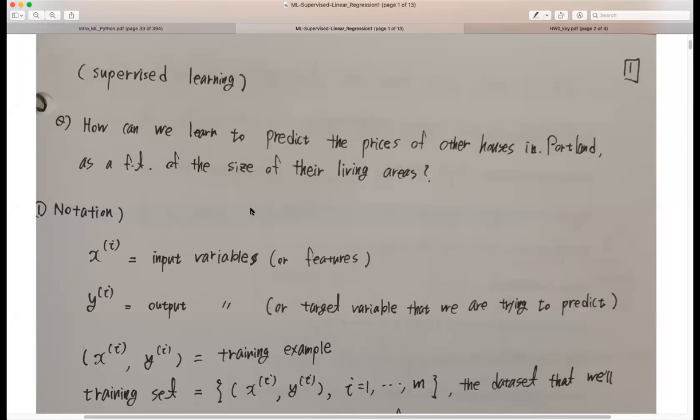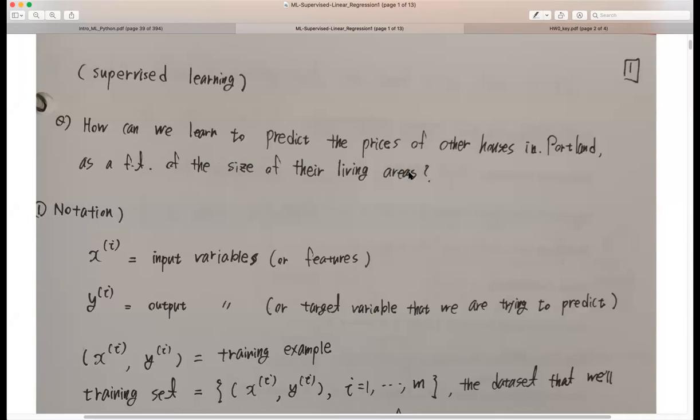So, supervised learning. First, I'm going to introduce some notations we're going to use very often, starting from the question: how can we learn to predict the prices of houses in Portland as a function of the size of their living area?